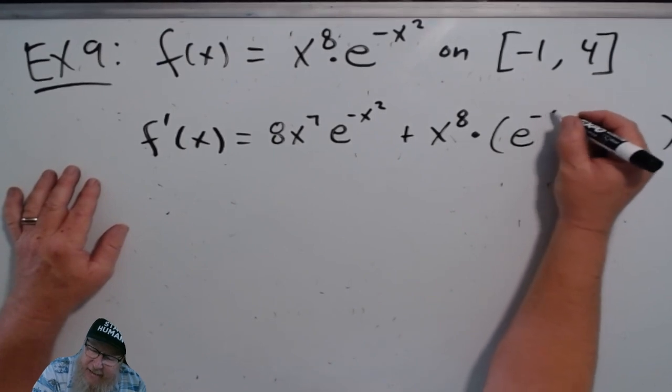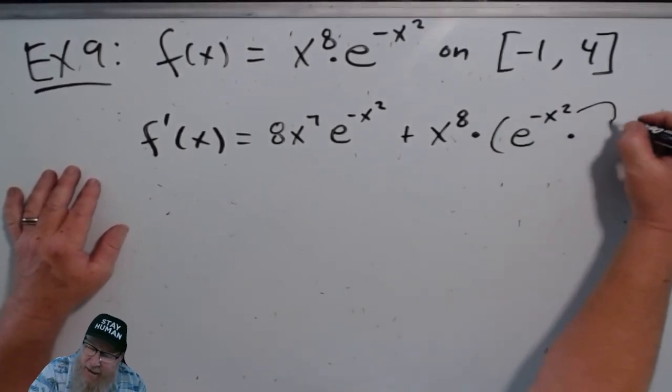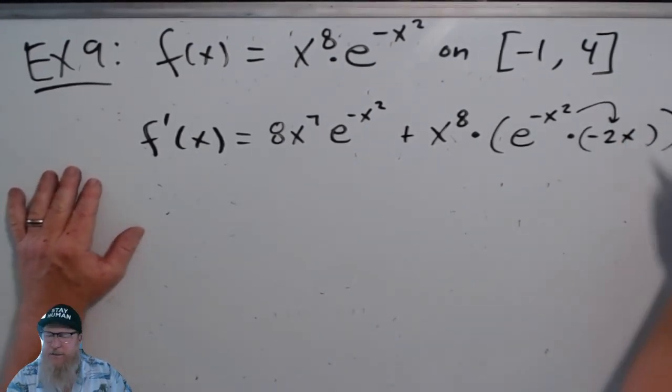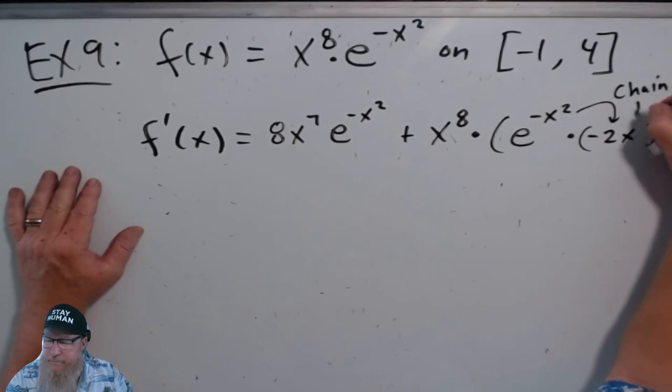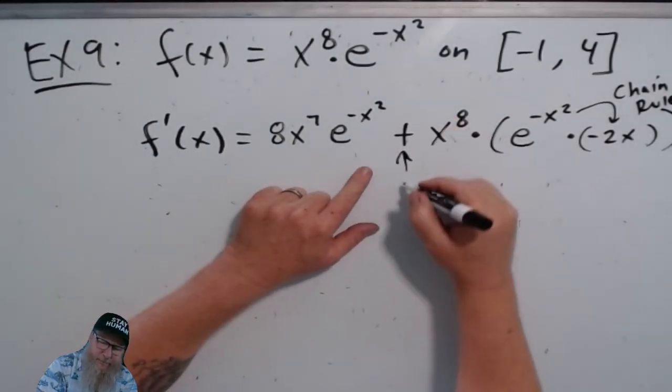So it's e to the negative x squared times the derivative of negative x squared, which is negative 2x. Chain rule. Product rule.